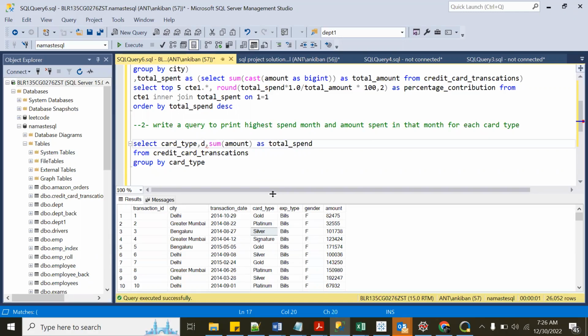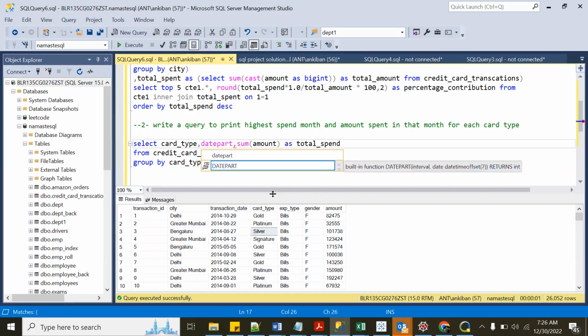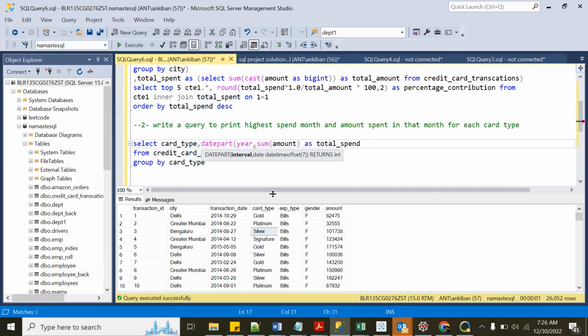So I will say date part, year, transaction date, right? And I will say just year of transaction, let's say YT, and let me copy this as it is, right?